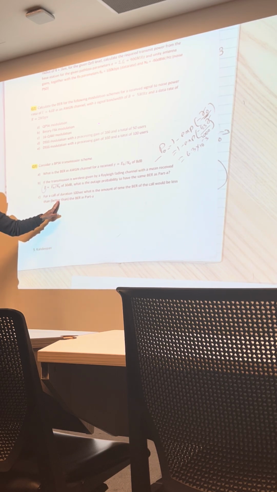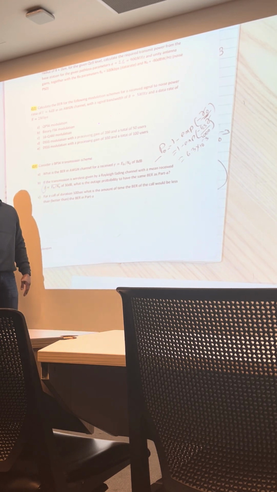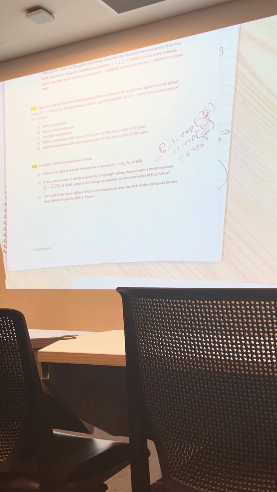That is the availability, 1 minus the outage. So if you multiply 100 seconds by 1 minus P0, that's the duration you will have the call quality as per the design.